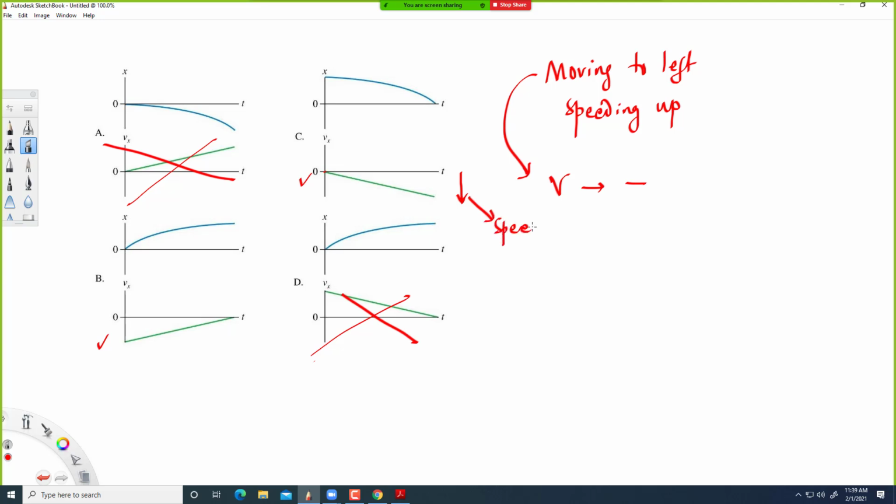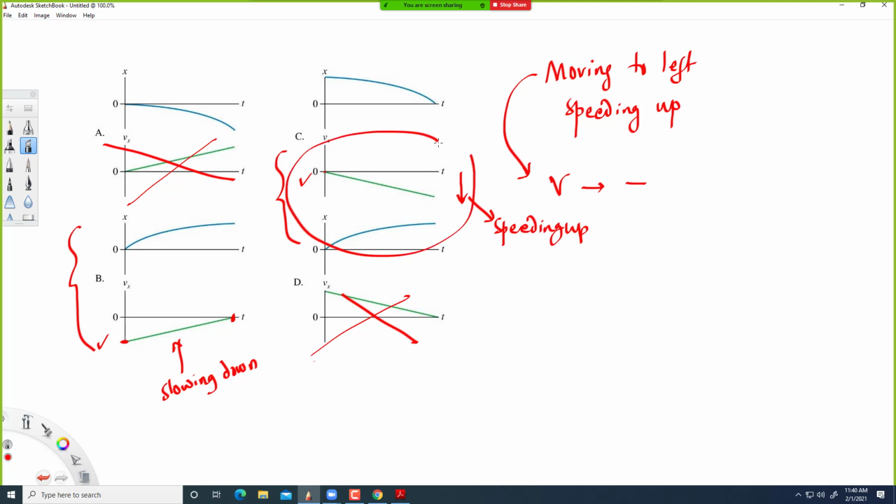Here it has this speed, and see it's moving towards the smaller value. Eventually the velocity here would be 0. So what can you say about that? Slowing down. So between C and B, which one satisfies our picture? It says speeding up, so this one satisfies our condition. Speeding up and moving to the left is represented by this graph.